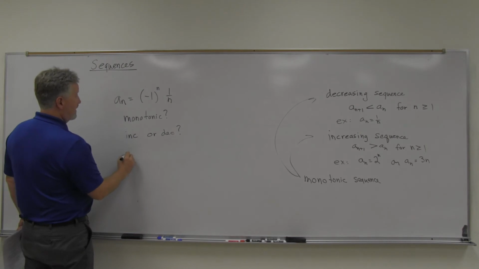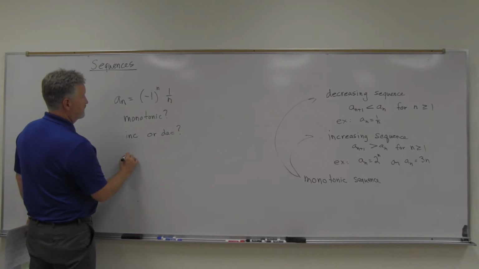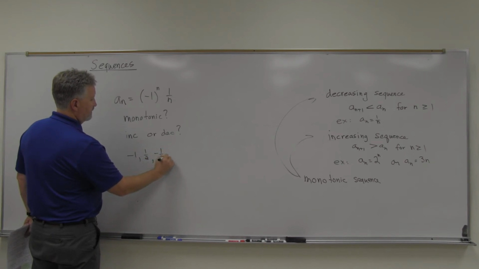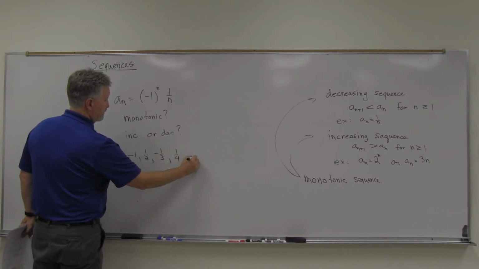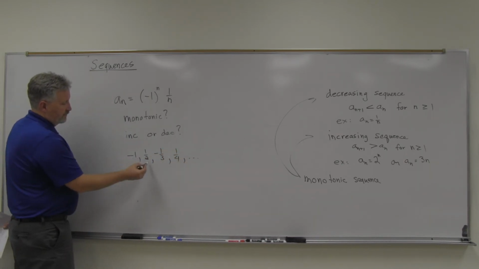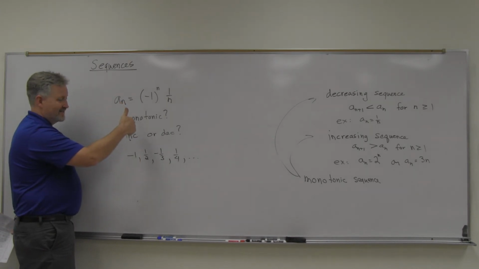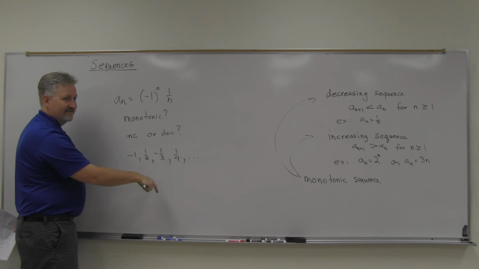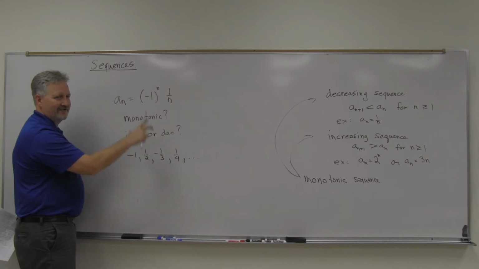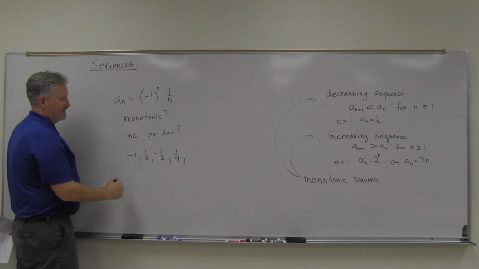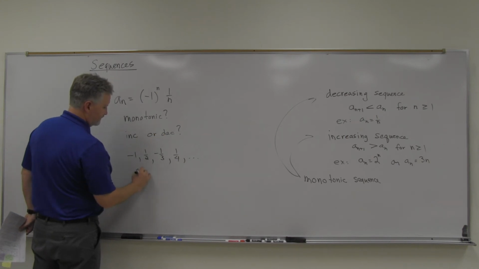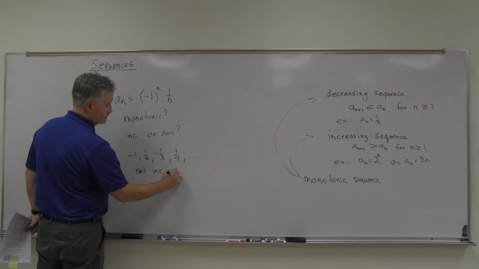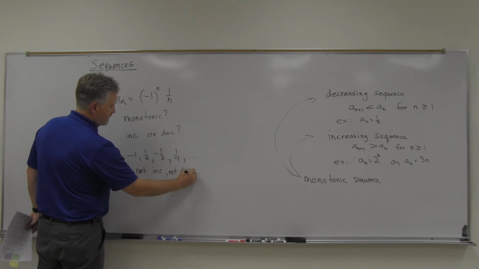If we write out the terms again, we got -1, 1/2, -1/3, 1/4. From -1 to 1/2, that increases, doesn't it? But from 1/2 to -1/3, that decreases. So it's alternating, isn't it? So it's neither one of those. So it's not monotonic.